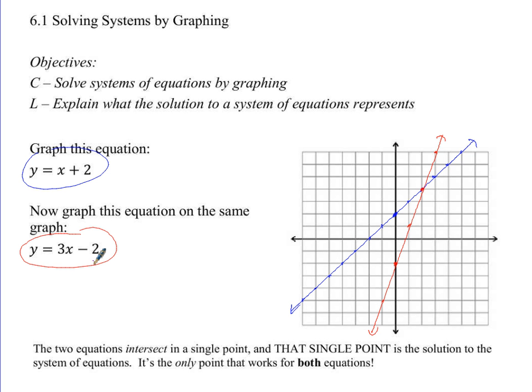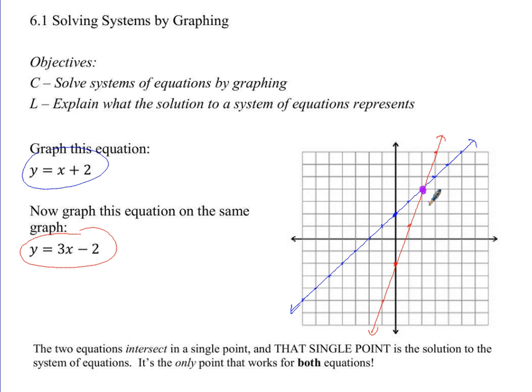The line we drew represents all of the ordered pairs that make this equation true. And these two lines crossed right there. So what is true at that point? That is the one ordered pair right there that works for both equations.